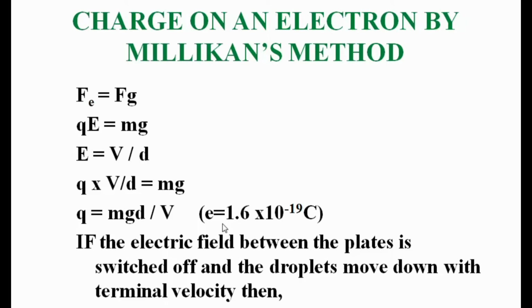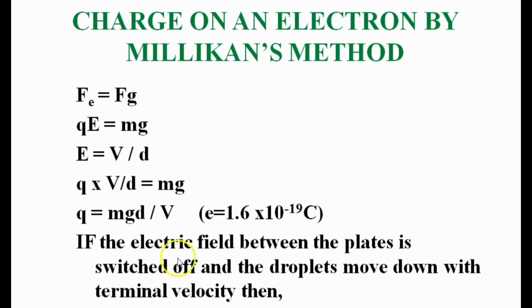Now, if the electric field between the plates is switched off, then the oil drop moves down with the terminal velocity. Because the electric field is switched off, there is no electrostatic force at this moment.